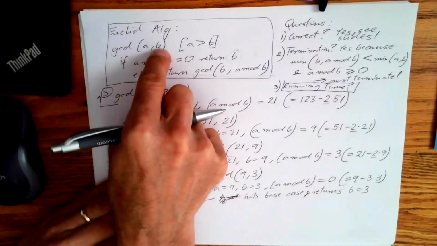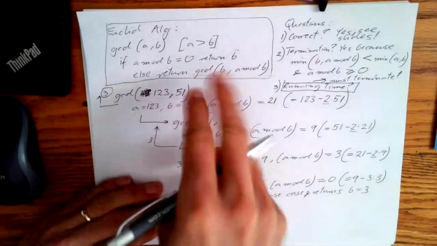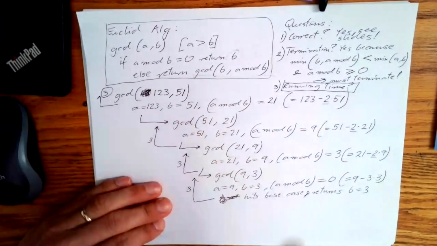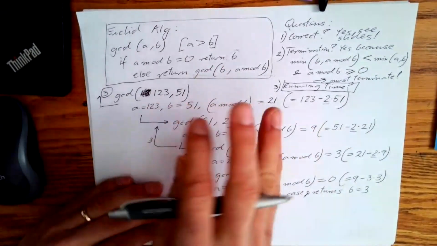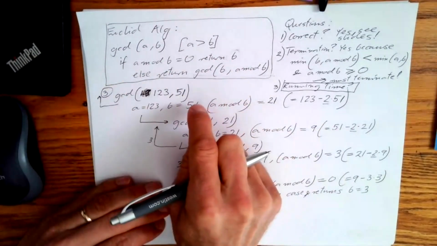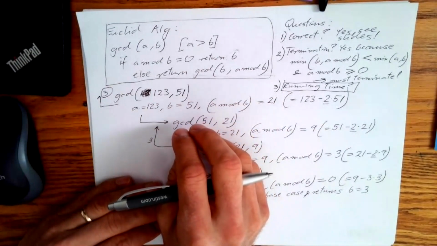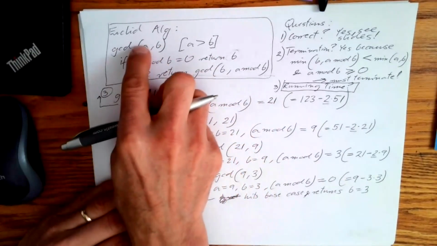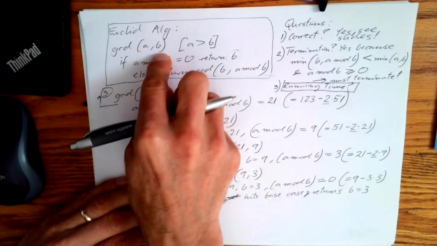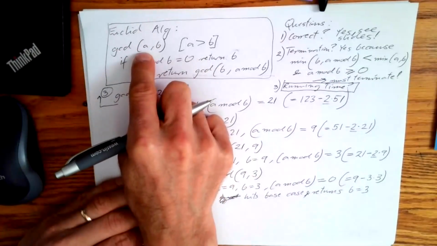So if A and B had 200 digits, this will run in a time that is linear in 200. The constant is small. The number of recursive steps is upper bounded by the logarithm base 2 of these numbers. And you can just take the smaller one. Okay, take the larger one. All right.